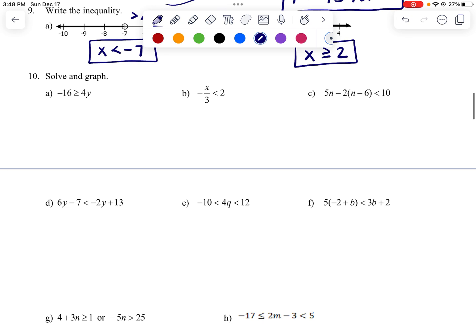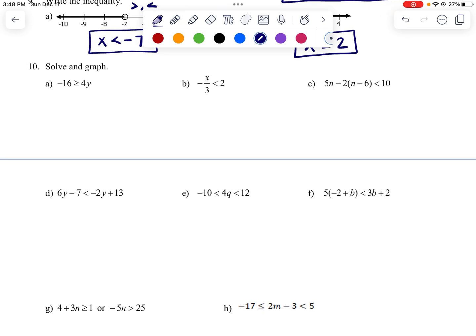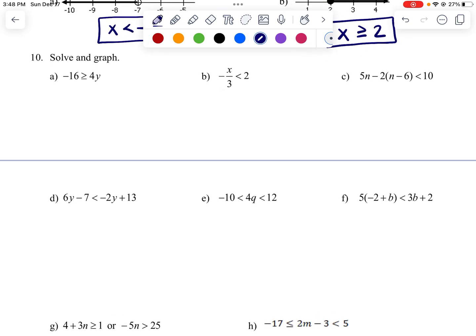Number 10. I would divide by 4, and those cancel, so I get y is less than or equal to -4.